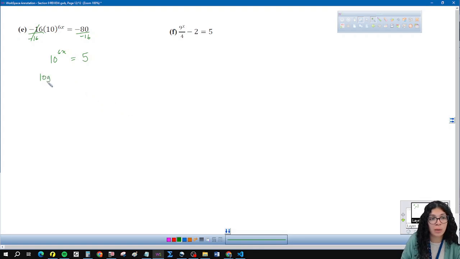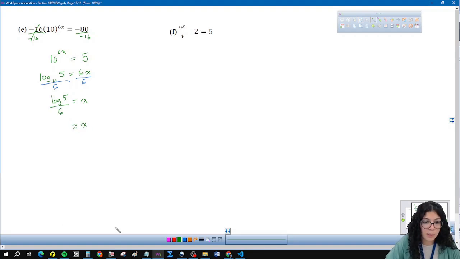So I'm going to do log base 10 of 5 equals 6x. And remember, base 10 is the common log. So I could just type into my calculator log 5, and then take that and divide it by 6, and I will get x completely by itself. So x will equal whatever log 5 is divided by 6 on my calculator.